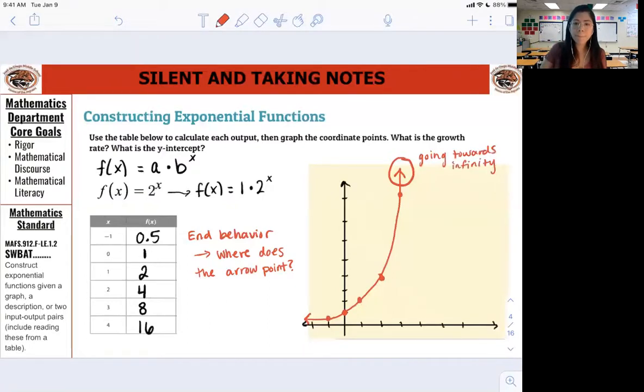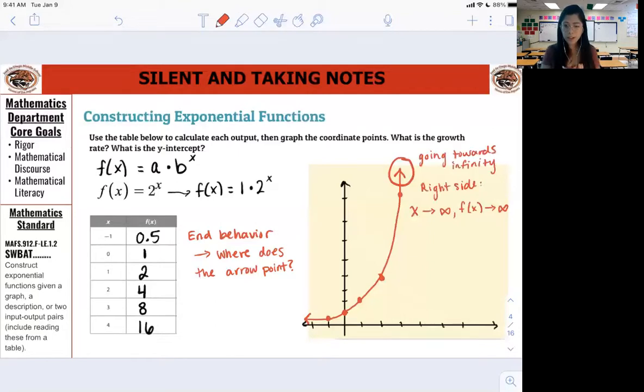Pretty simple, right? So what we write, because which side of the graph are we on? We are on the right side of the graph. So I'm going to write something that's going to look a little weird, but I'm going to explain it in a second. So just look carefully. This is the right side of the graph. So what I'm going to write is, as x approaches infinity, f of x also approaches infinity.